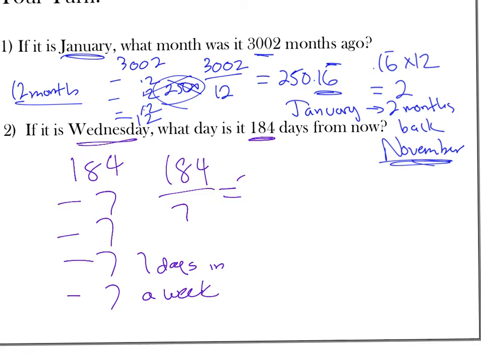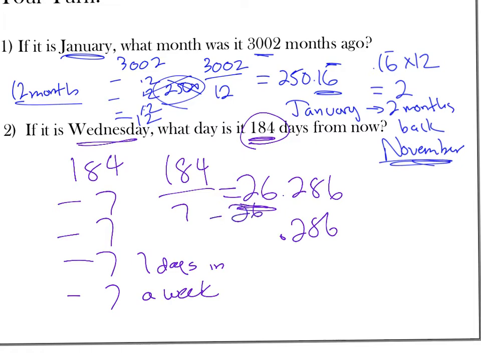And I'm going to get 26.286. Okay, so that means 184 days from now, you're going through 26 weeks. You're going through half a year plus 0.286. So I want to subtract the 26 weeks. I just want to deal with the 0.286.